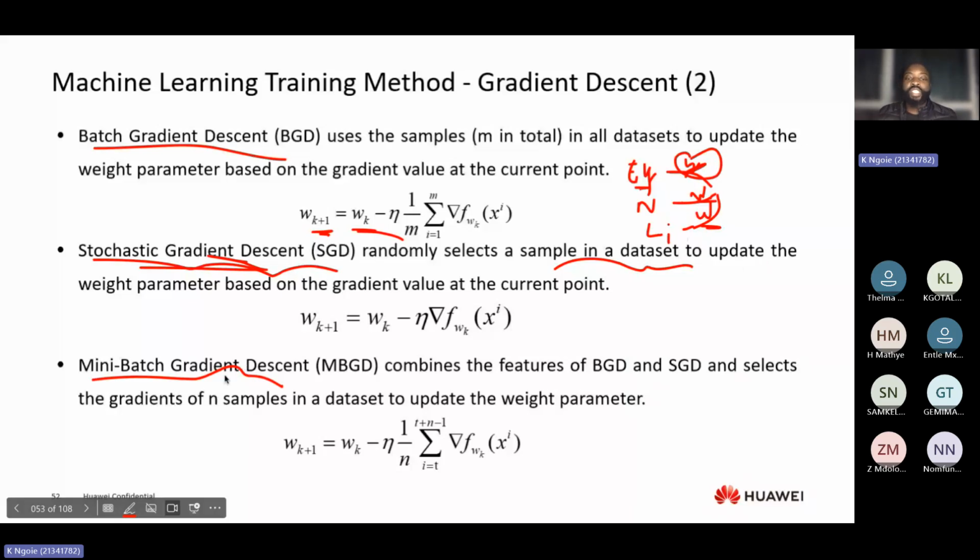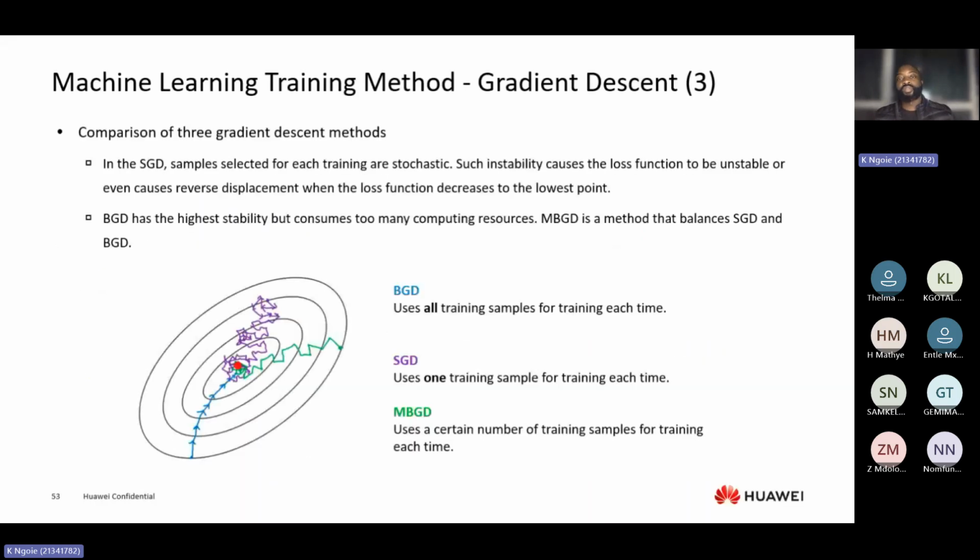And then for mini batch gradient descent, we select certain groups, certain batches of data, update the weight for those groups, and then move forward. Just to summarize, batch gradient descent uses all the training samples for training each time.